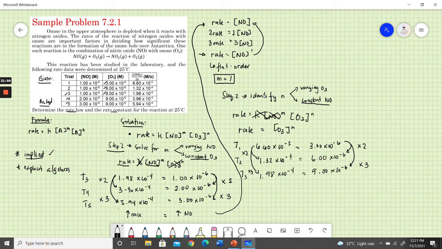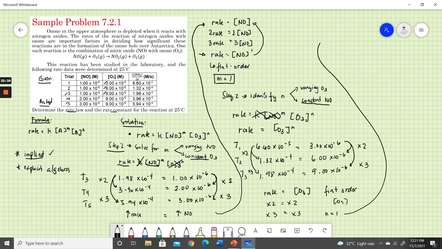So it's similar to the first one. Rate is equal to O3. Right? So if I multiply this by 2, it also increases by 2. If I multiply it by 3, it also increases by 3. Therefore, this is first order in O3. Therefore, N is equal to 1.